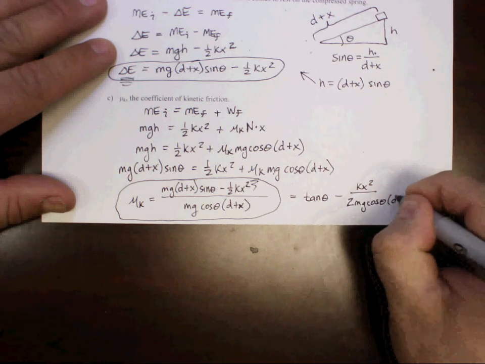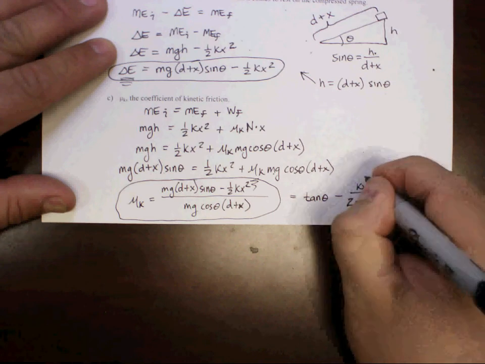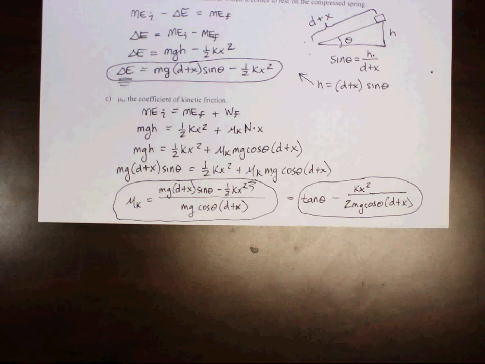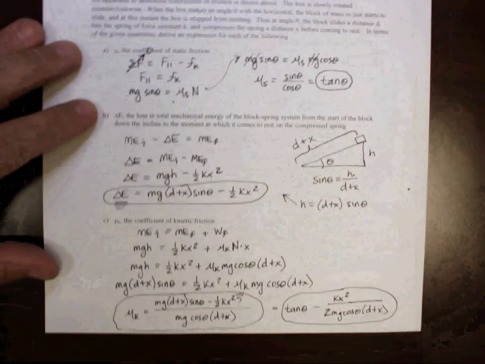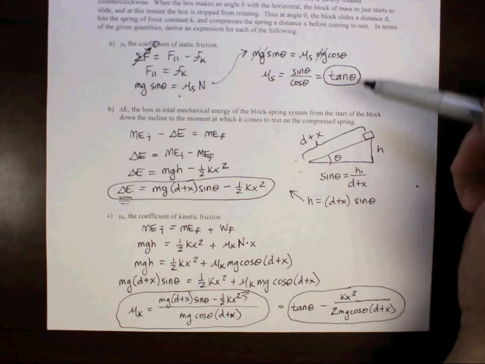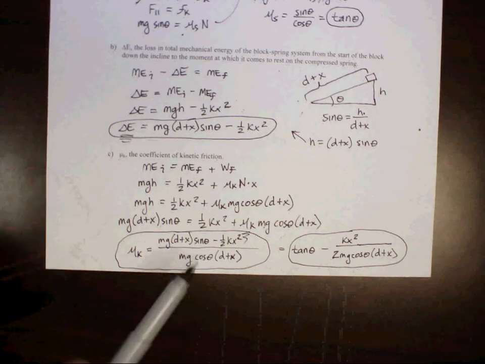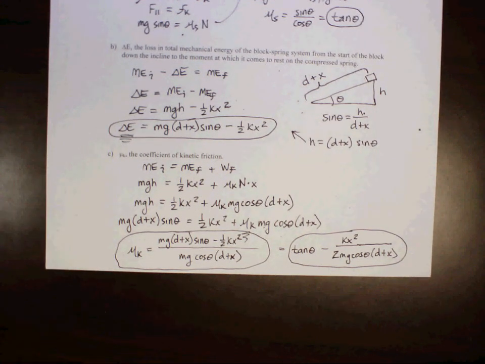So we're going to take this and subtract this and then divide through by all this. I'm going to try to fast forward to my answer, skip some algebra steps. So we're going to have mg d plus x sine theta minus 1/2 kx squared all over, and we're going to divide through by this mg cosine theta d plus x. And so there is our final answer.